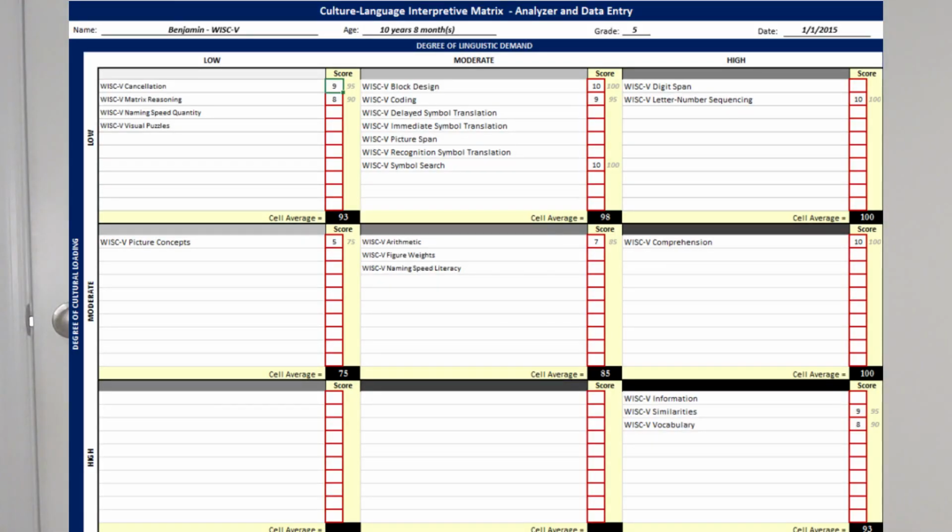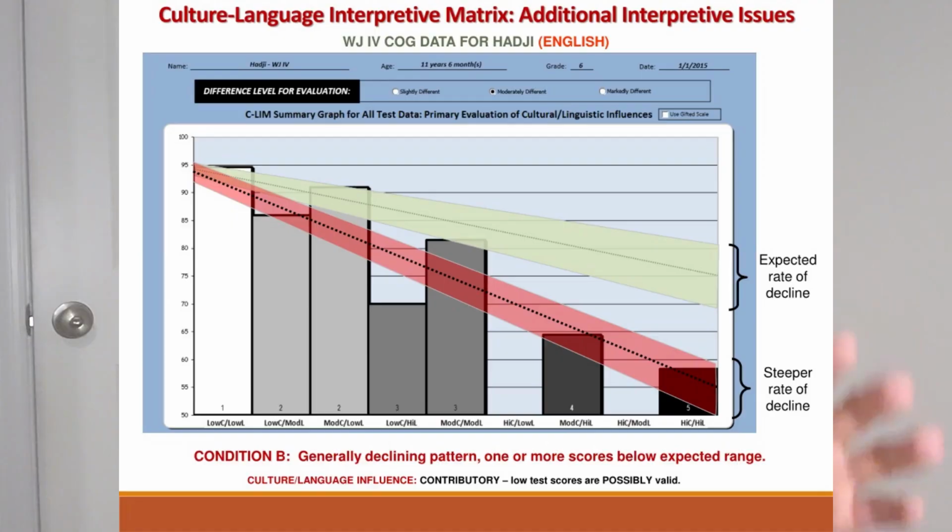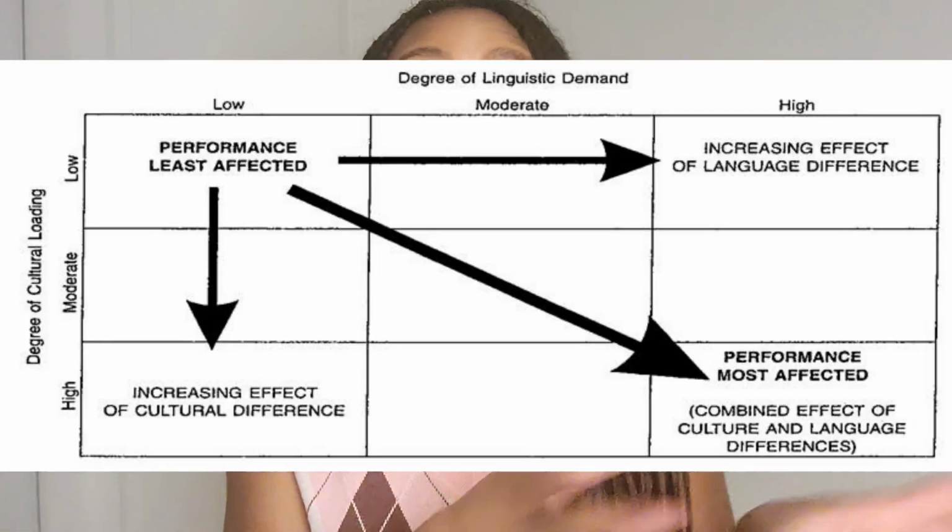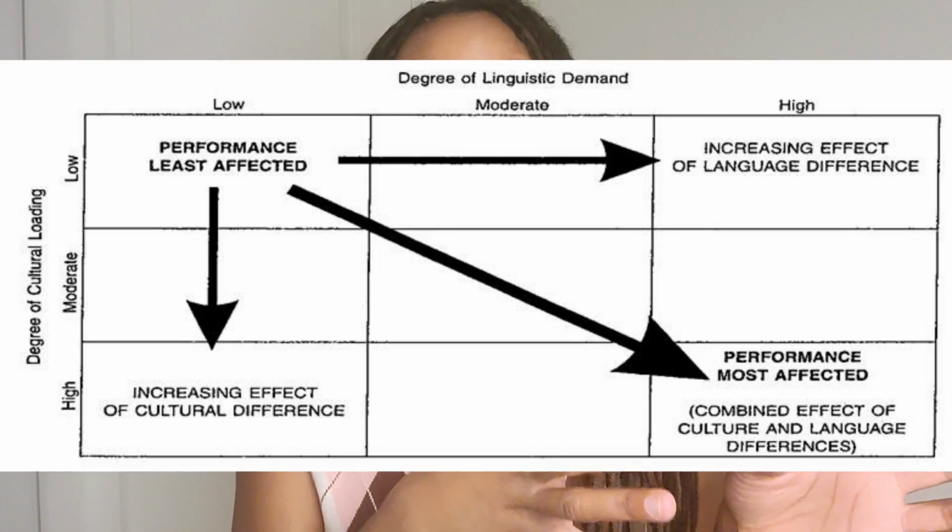You can put the scores in the C-LIM, and what it does is it outputs a graph for you that lets you see certain parts of the assessment that rely more on the culture, and it tries to reduce the bias. So this allows you to see where an English language learning student may be, instead of comparing them to a student that is born and raised in America and English is their first language, which is how the WISC and the WJ are normed.